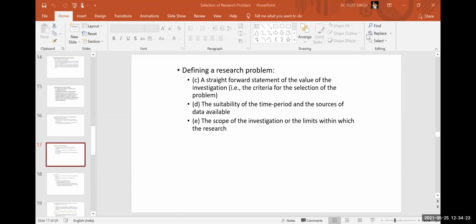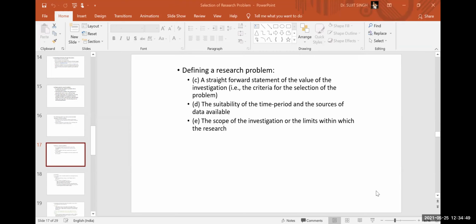When you are going to define the research problem, whatever investigation you are going to conduct should be clearly mentioned, or a statement about that should be made in the definition of your research problem.